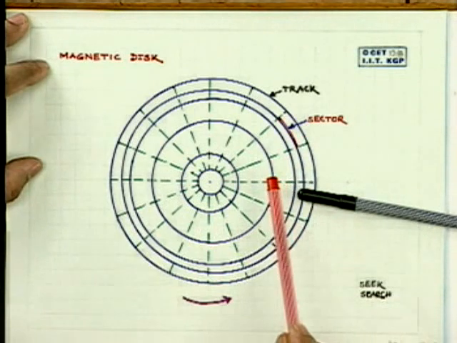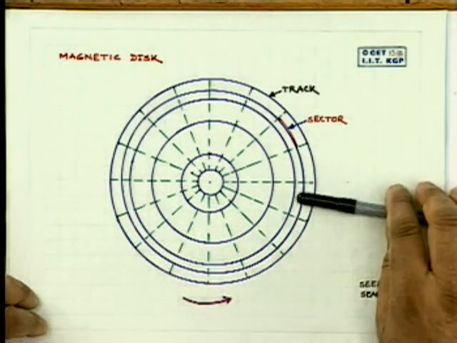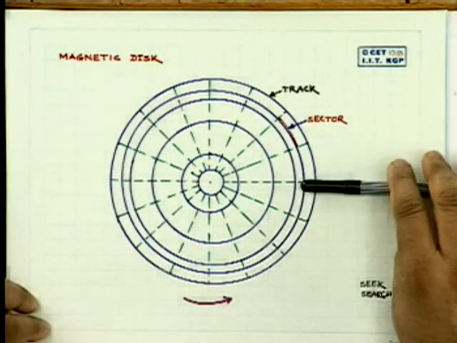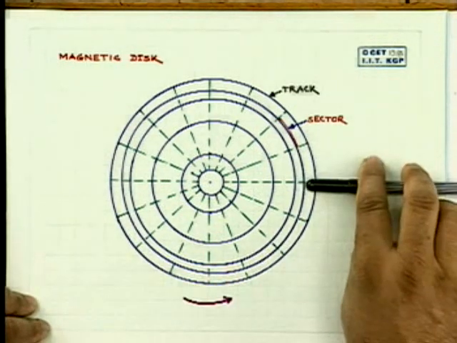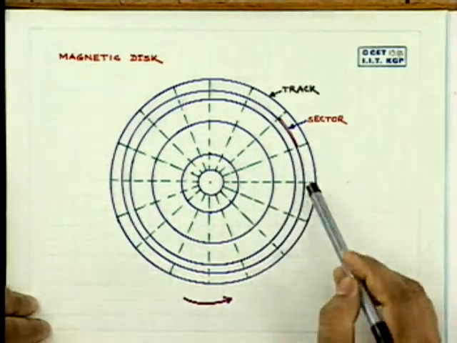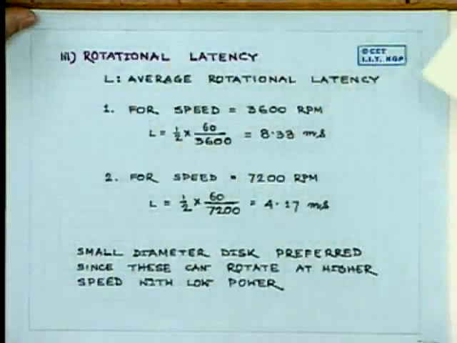Sometimes it's called the search time also. Therefore, the rotational latency will depend upon the speed at which the disk is rotating, and that is why a high-speed disk is always preferable.